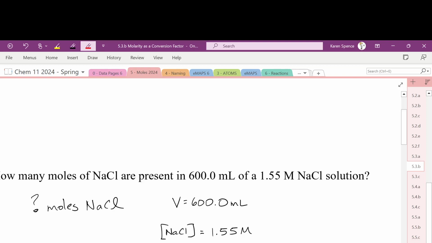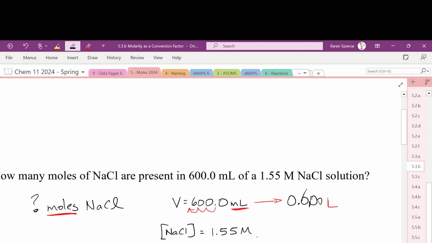If I want to convert between milliliters and moles, I should be changing my milliliters into what? Liters. Good. And how many places do we move our decimal? 3. To the left or to the right? To the left. We want to make the number smaller. 1, 2, 3. So that's going to become 0.600 liters.